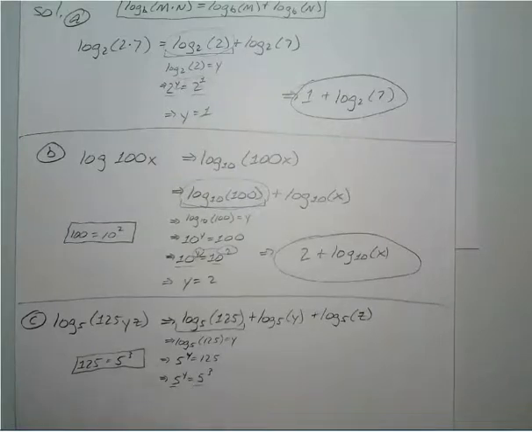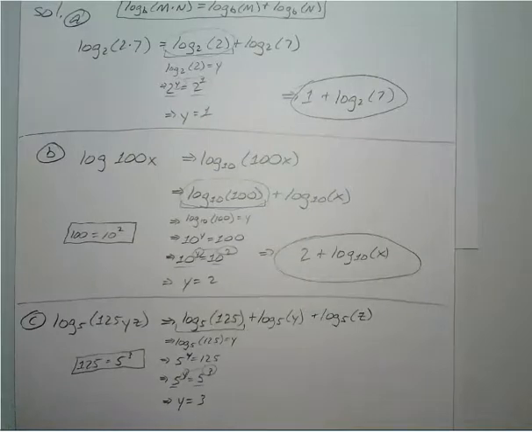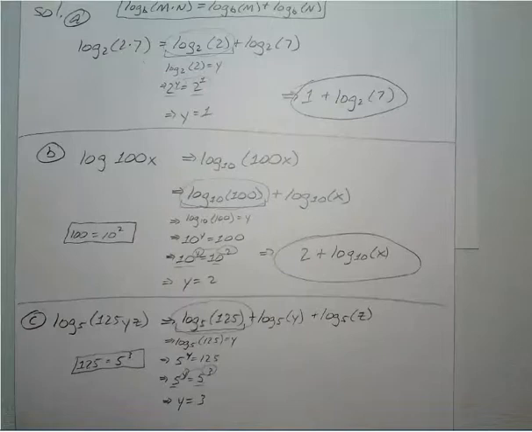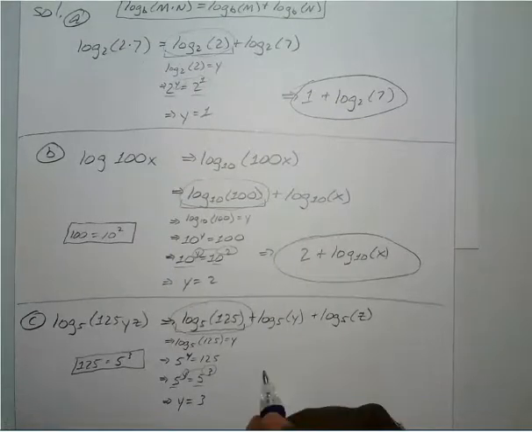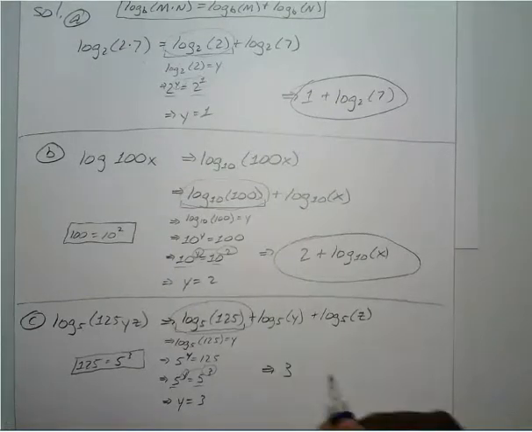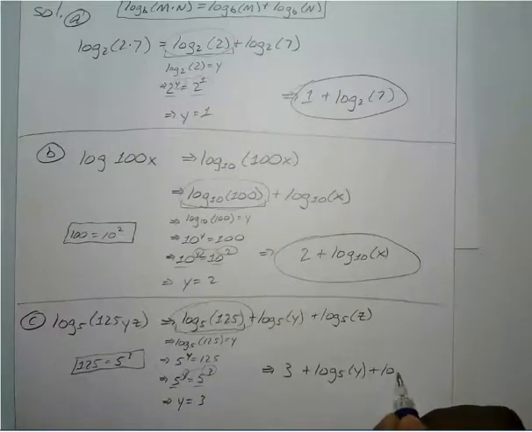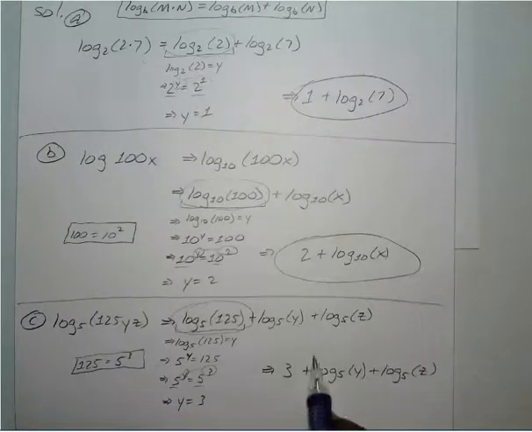Our bases are the same, so for this to be true, our exponents have to be equal. So y is equal to 3, and this entire term is equal to 3. That gives us 3 plus log base 5 of y plus log base 5 of z.